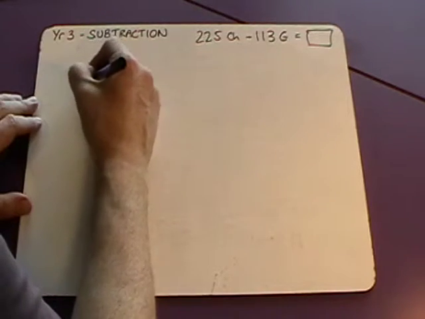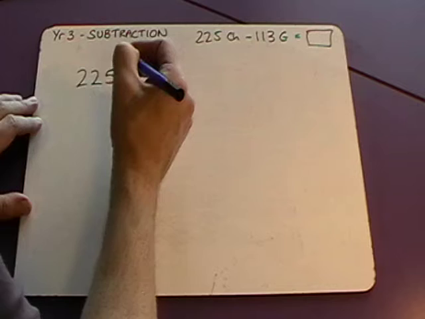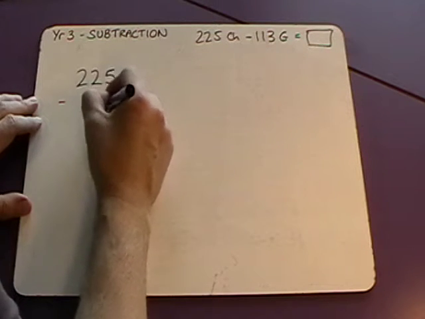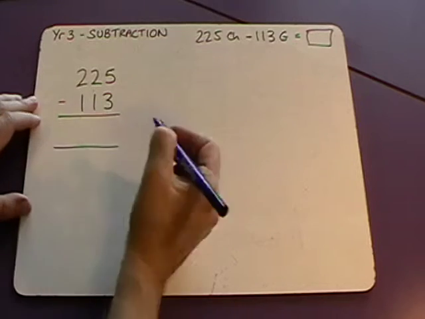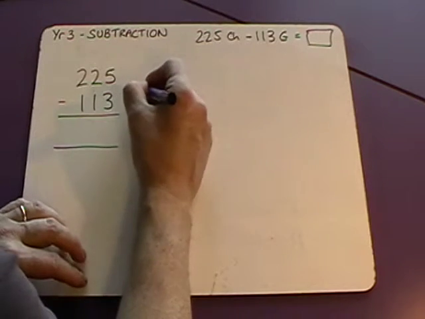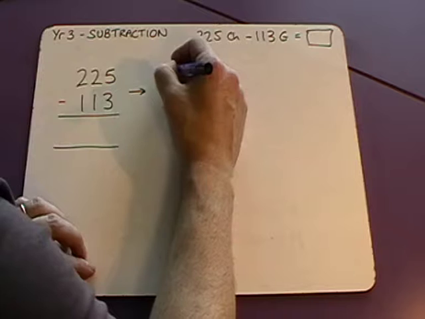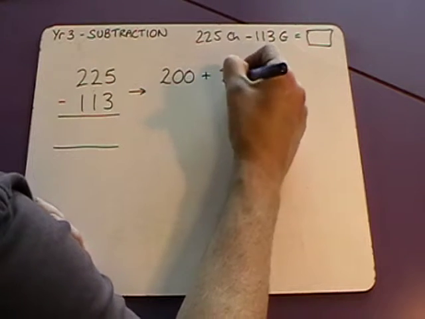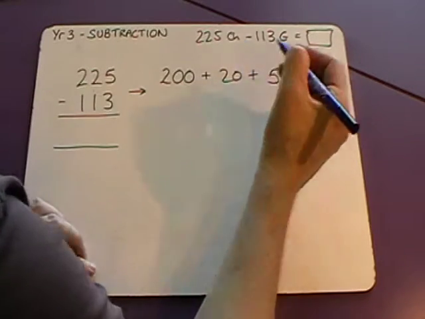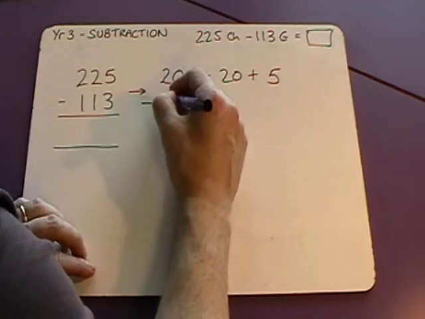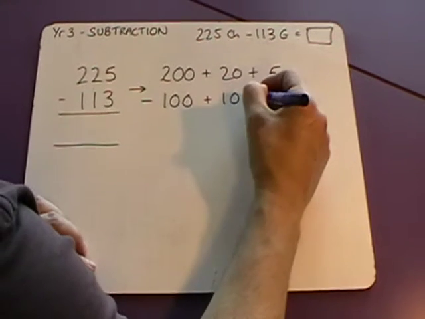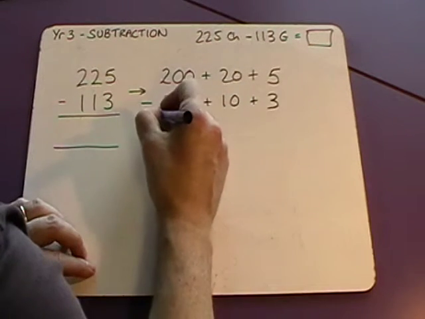We can write that in columns. 225 subtract 113. Now, to begin with, we can look at that in an expanded form. We can look at 225, and we're going to be subtracting 110 and 3, 113.